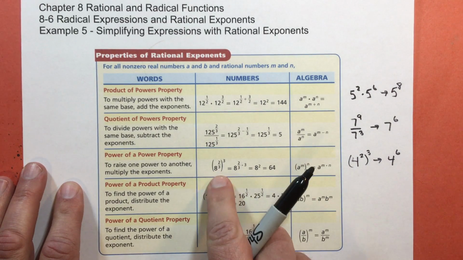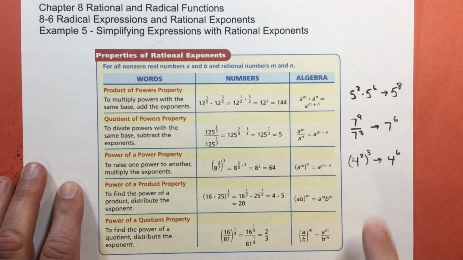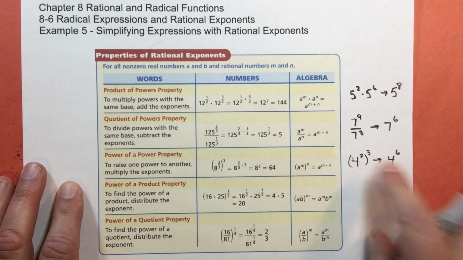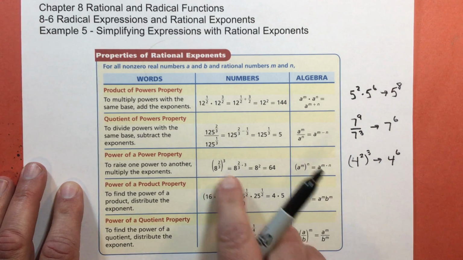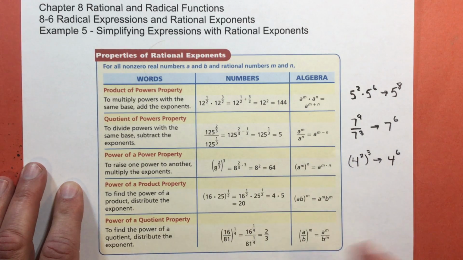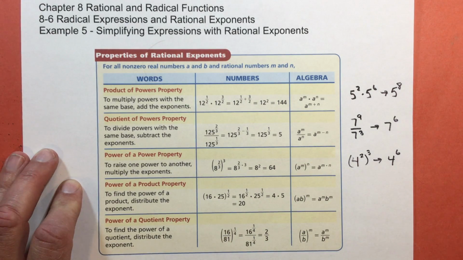And I do the same thing if I have these numbers being fractions. Whole numbers make it kind of easy to see. These numbers being fractions, kind of hard to see, but they do the same thing.